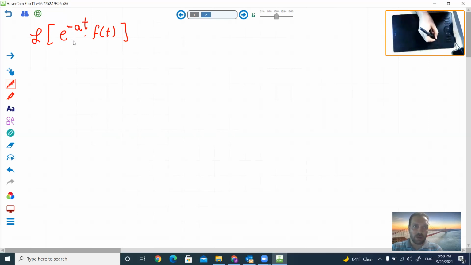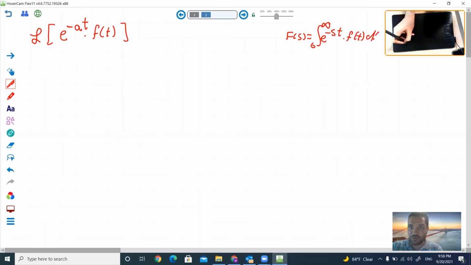Let's apply our definition of Laplace transform. Don't forget this definition: F of s equals the integration from 0 to infinity of e to the power negative st times f of t.